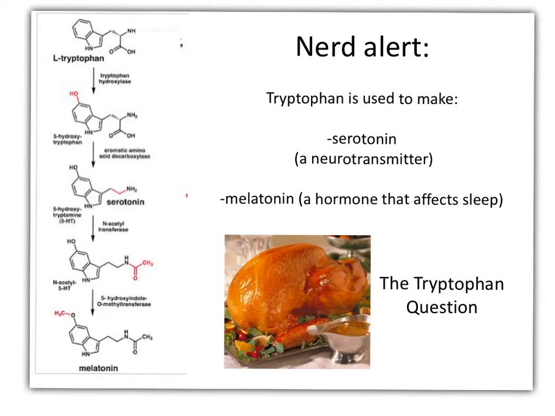The hypothesis is that turkey has a lot of tryptophan, and tryptophan is used to make serotonin, which is a neurotransmitter, a hormone, that affects sleep. And so you eat a lot of tryptophan, hence you should go to sleep.